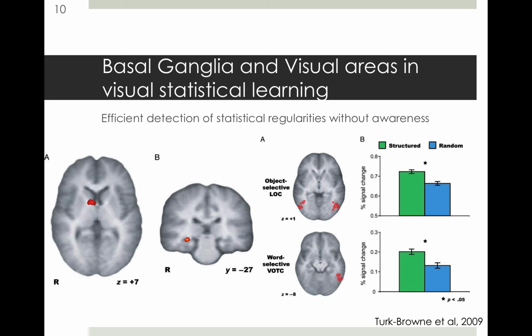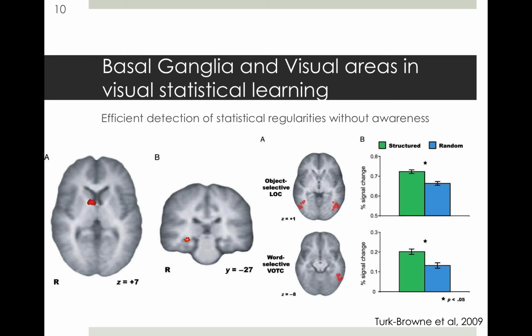When people undergo functional MRI while doing these serial reaction time tests, and you contrast structured sequences versus random sequences, you get firstly activity in the basal ganglia. Right here is the caudate nucleus, which is part of the basal ganglia.